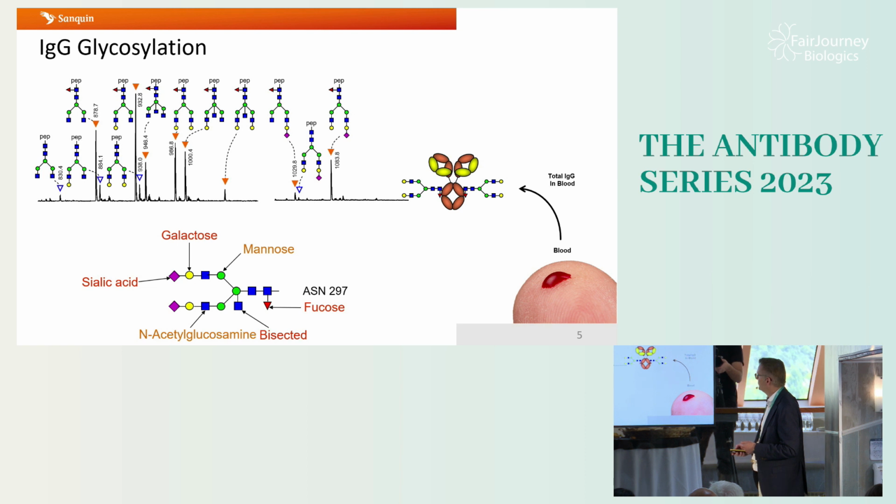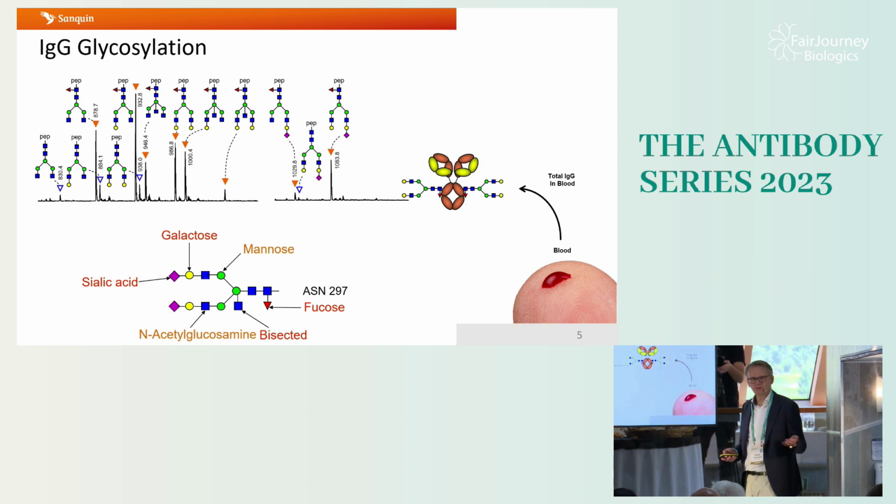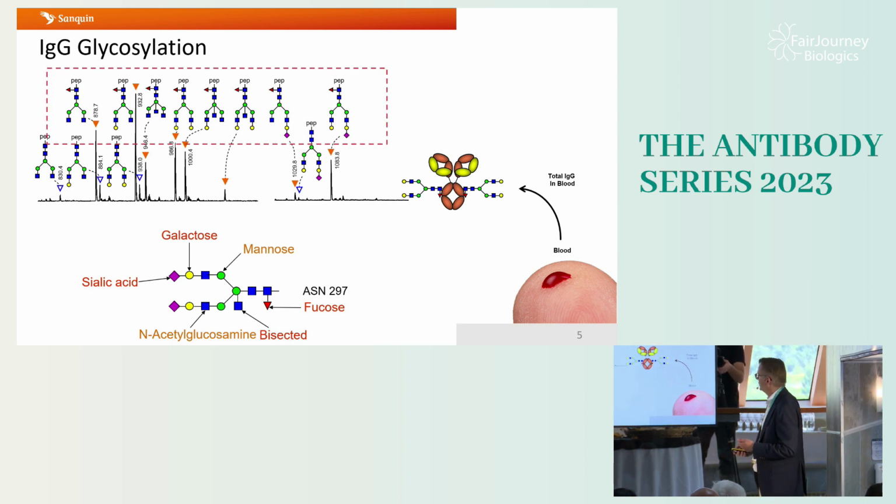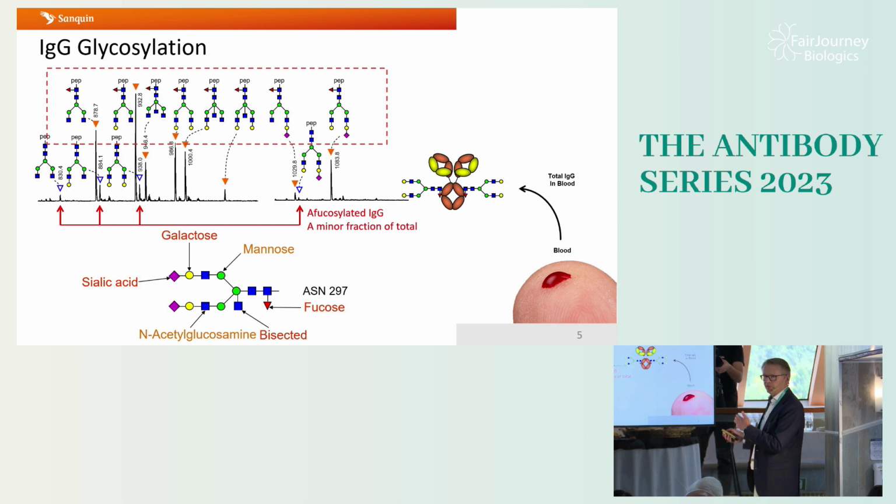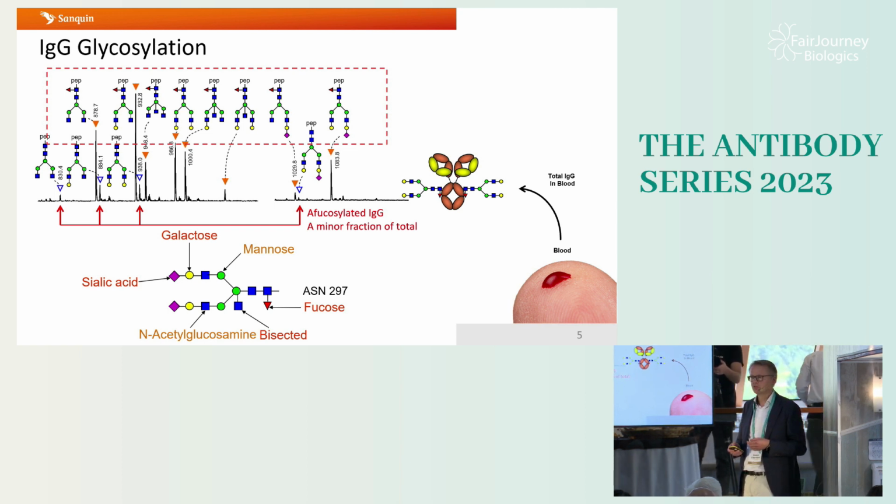And I think most of you know that it is there and it's variable and it has something to do with the antibody function, but also that afucosylated antibodies are a therapeutic modality to increase affinity to Fc gamma receptor 3, more like a scientific curiosity that popped up at some moment because of a cell line that produced afucosylated antibodies.